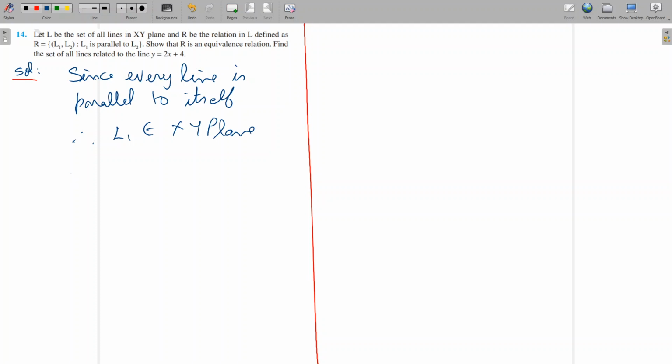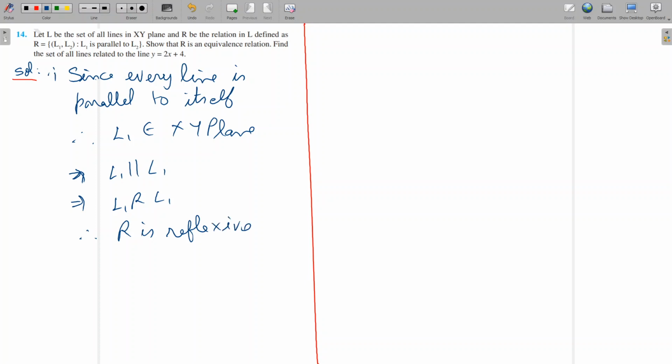This will imply that L1 is parallel to L1, and this will further imply that L1 is related to L1. Therefore we can say that R is reflexive. So we have got R as reflexive.